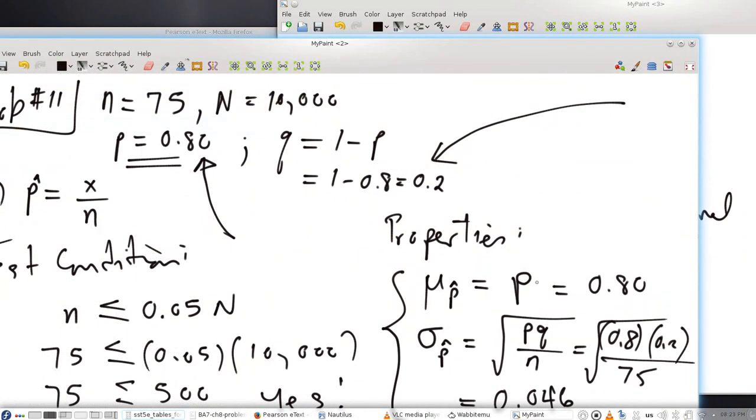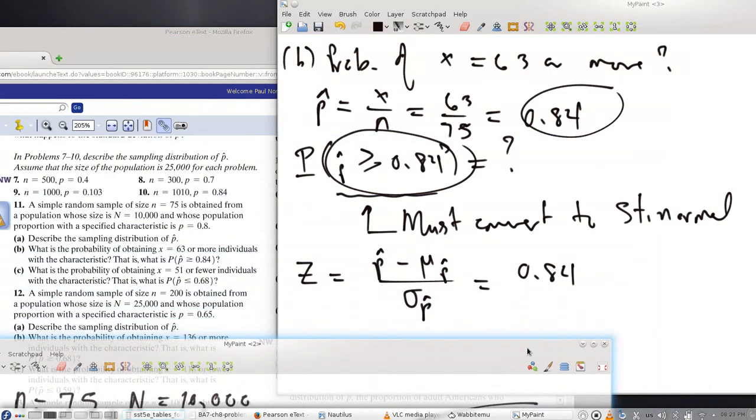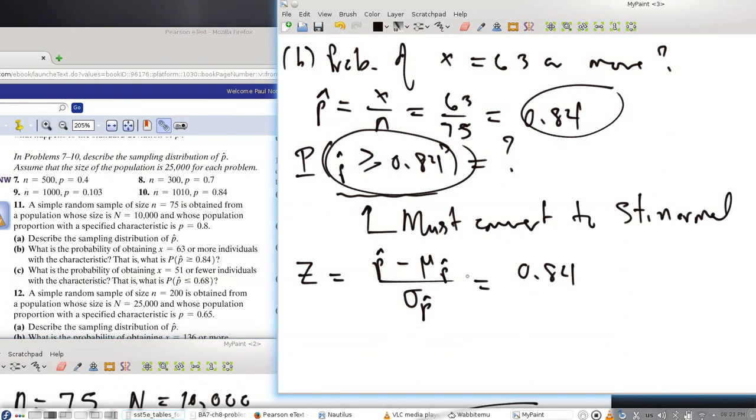So mu of p hat is actually p, so that's 0.8. So we have 0.84 minus 0.8, all divided by 0.046. We can round this to 3 significant figures. We could probably carry one more significant figure to the 4th place, but this should be good enough.